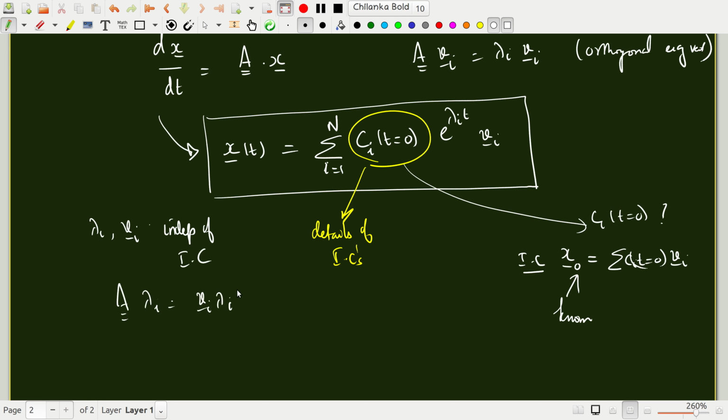Okay. Now, all the specifics of the initial conditions are here. So for a given initial condition, it's easy for you to find the set of constants from this expansion of the initial condition in terms of the eigenvectors of the matrix, and then you substitute these coefficients here, the constants here, then you can find the solution at any time t.